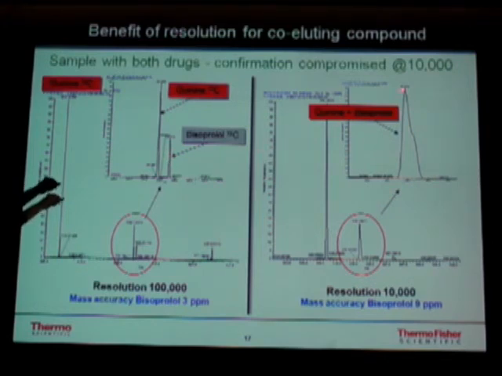Now, if you run, this is at 100,000 resolution, very clearly separated. Here at 10,000 resolution, this, which is this, basically has a combined quinine plus bisoprolol. And if you get this, there is no way you can confirm whether you have bisoprolol in this particular sample, or is it only quinine.